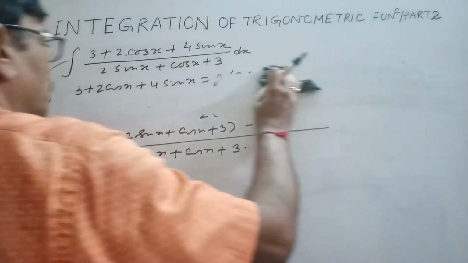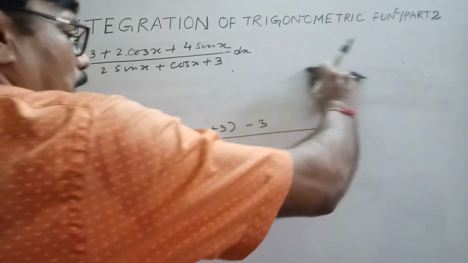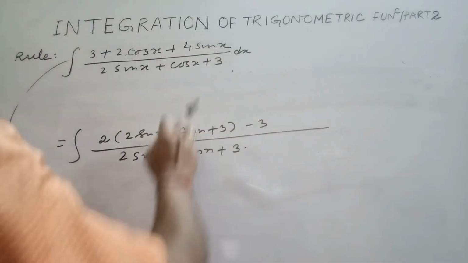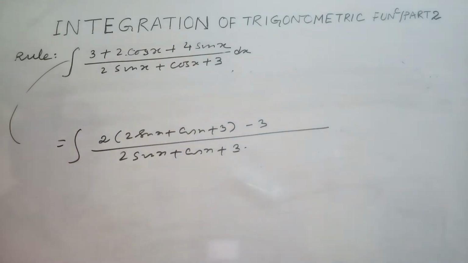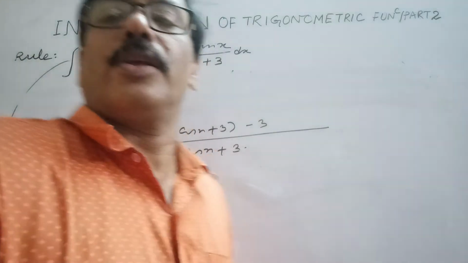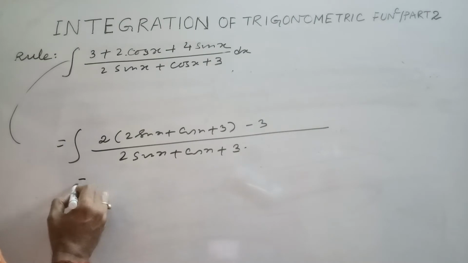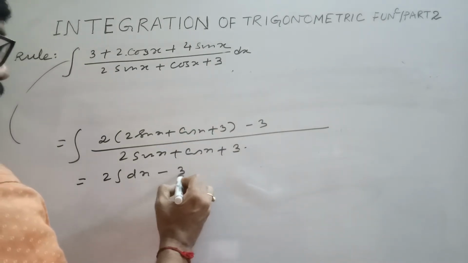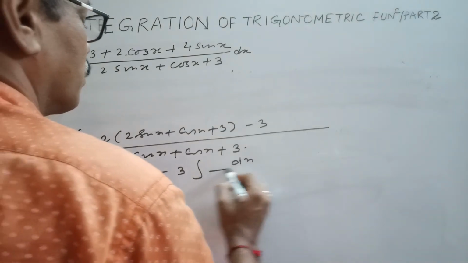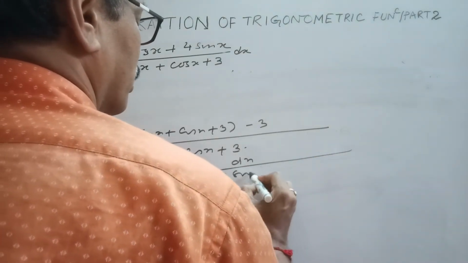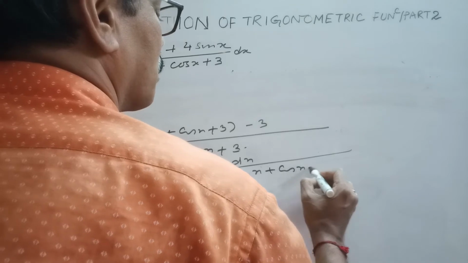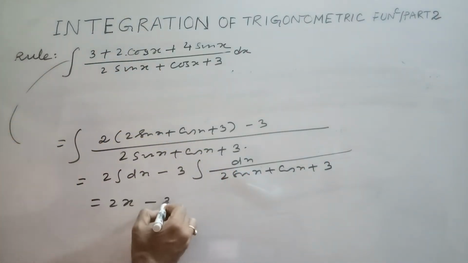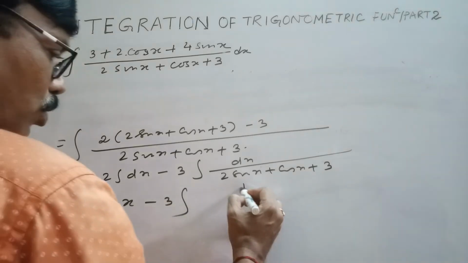So, by using the theory, we can express the numerator in terms of the denominator. So now this cancels: 2 dx minus 3 into dx by (2 sin x plus cos x plus 3).